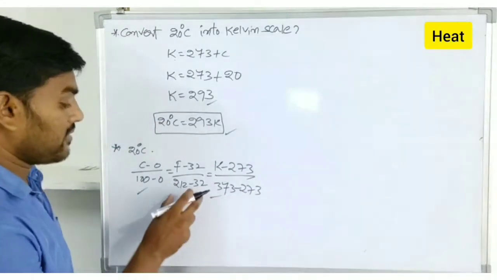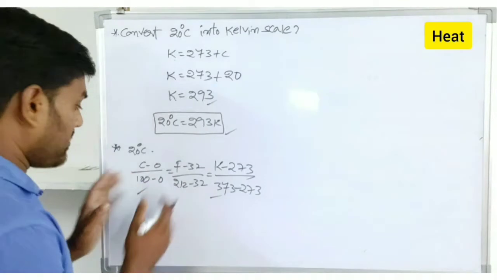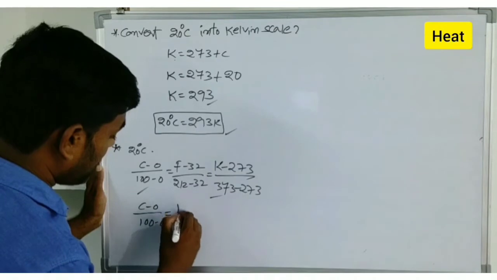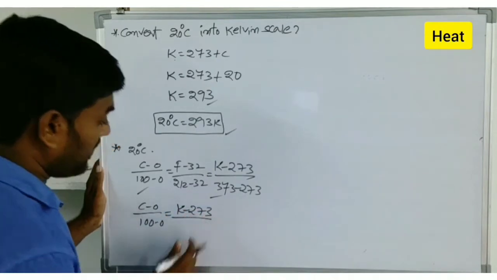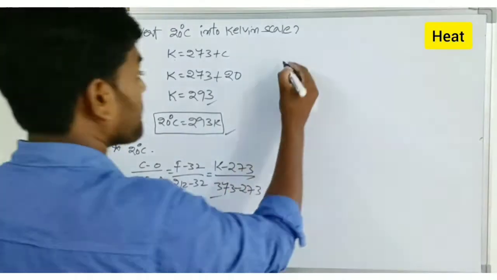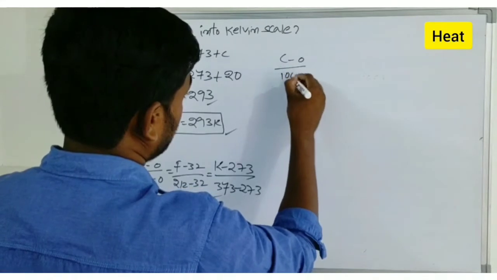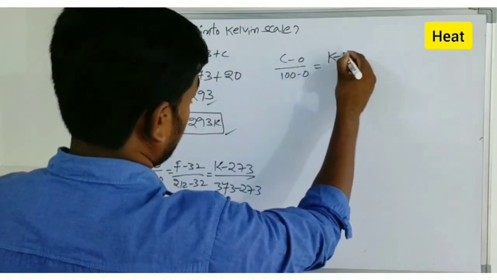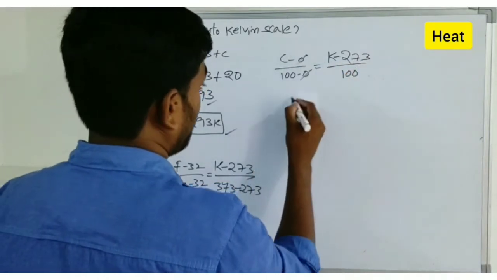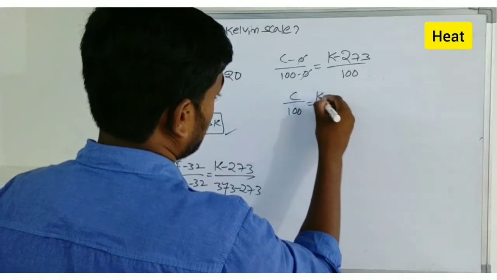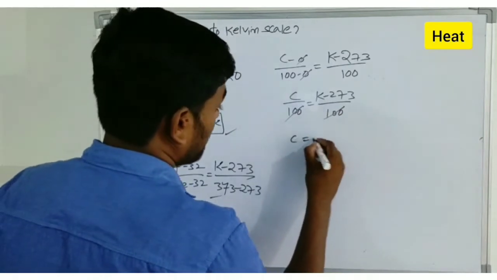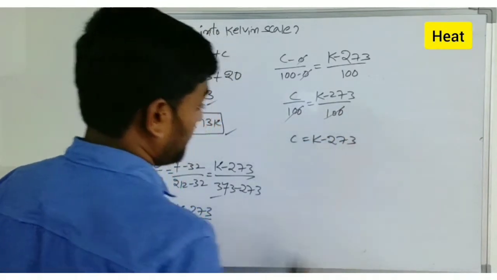Here there is no Fahrenheit, so we use C minus 0 by 100 minus 0 equal to K minus 273 by 373 minus 273, which is 100. The 0s cancel, and the 100s cancel. So C is equal to K minus 273.